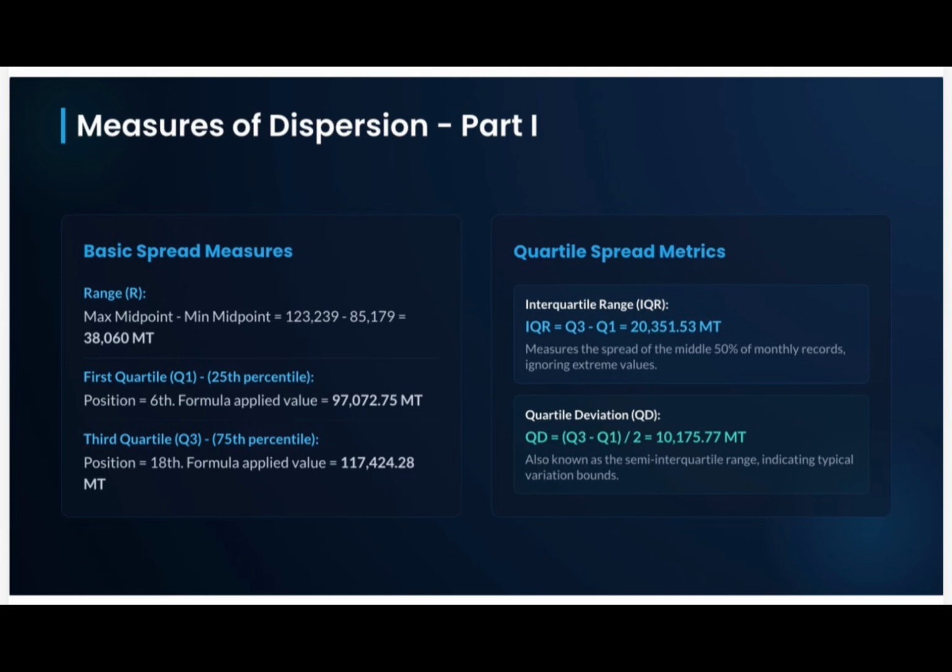The quartile deviation is 10,175.77 metric tons, which shows the typical variation around the middle section of the data.